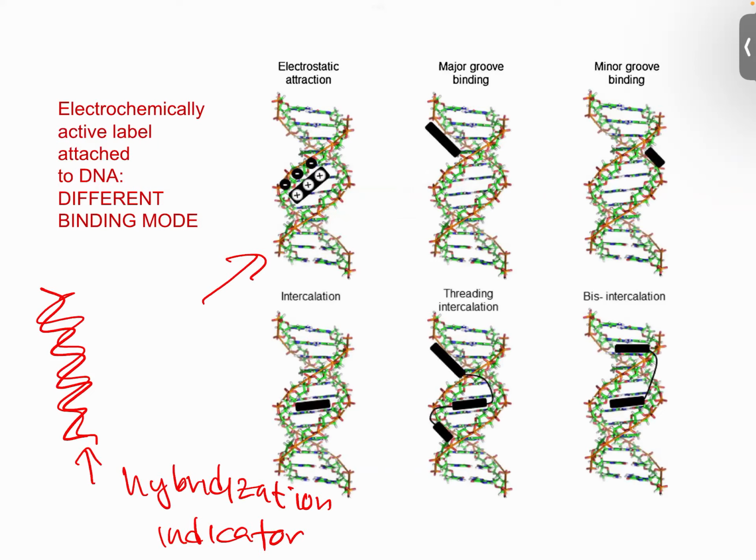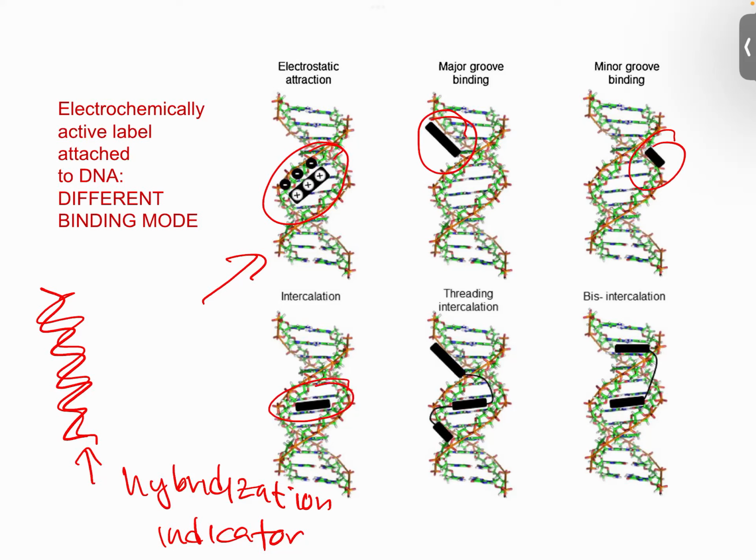There are a few mechanisms of how the hybridization indicator or the label can interact with the double-stranded DNA. We have electrostatic interaction. We have groove binders, which can interact via the major as well as the minor groove. We have the intercalation process.